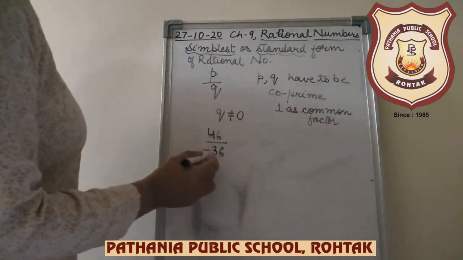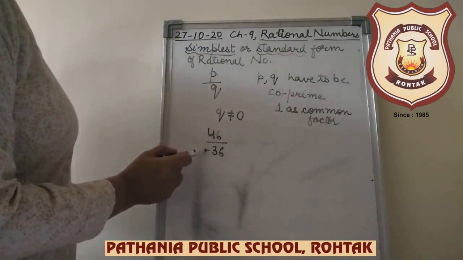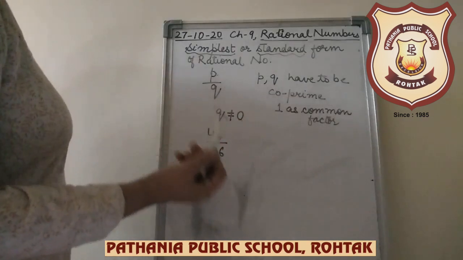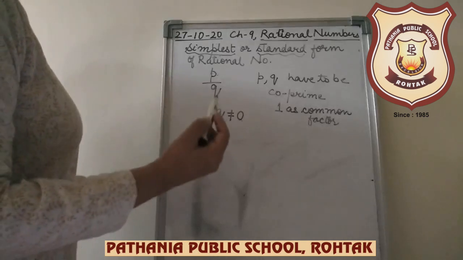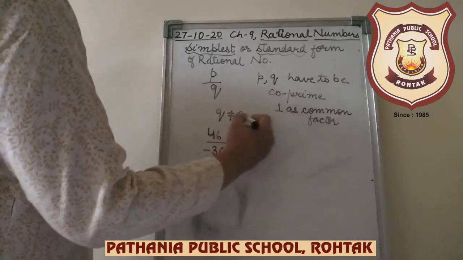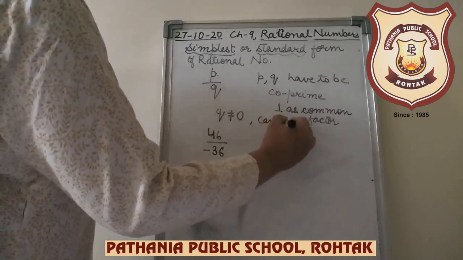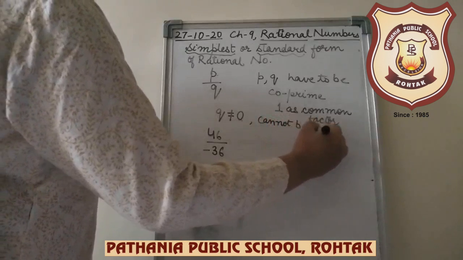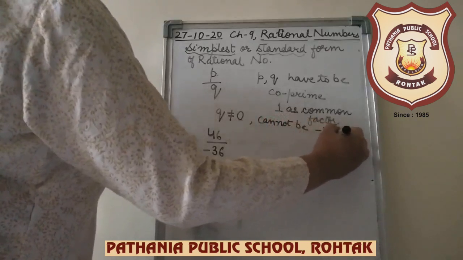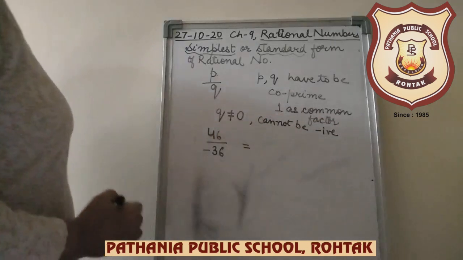And the next thing is this denominator is negative, which is not for the standard form. So here I have written Q is not equal to 0 and cannot be negative. So first reduce it to smaller.